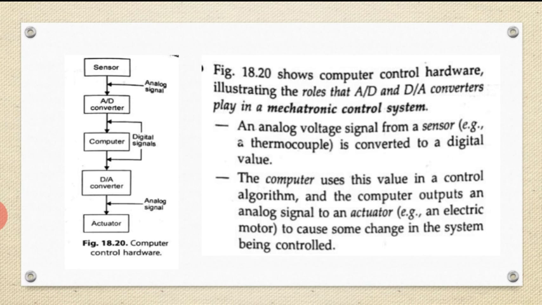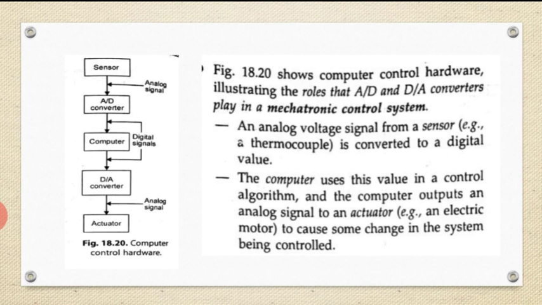As I explained in the first slide, the analog to digital conversion is required before feeding to the computer, microcontroller or microprocessor. The digital form is given to the computer. Now the computer uses this value in a control algorithm, and the computer outputs again in digital form.